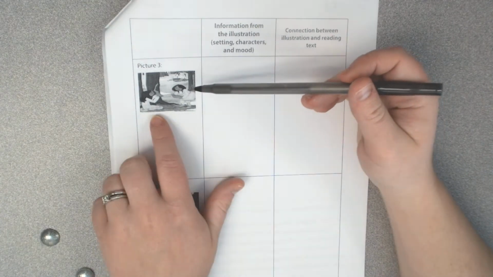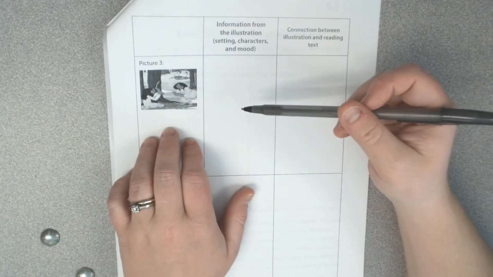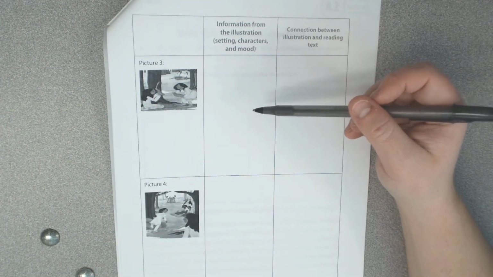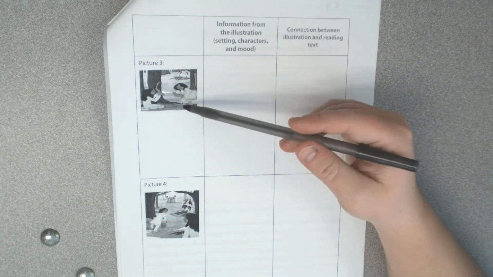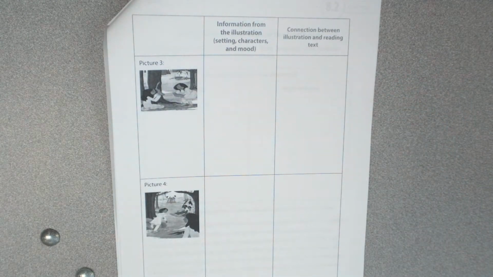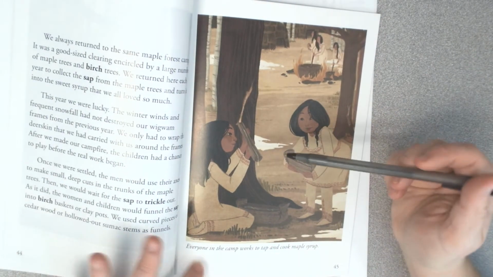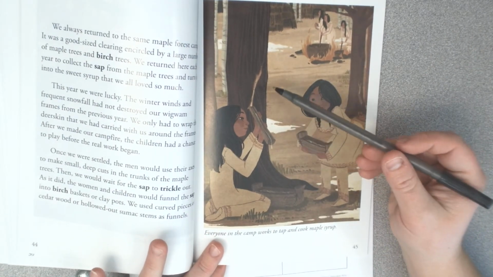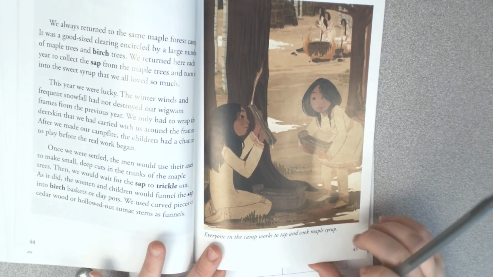they look like they're trying to collect something. Well, what do they think they're collecting? I mean, it looks like, I don't know if you can really see it here, but if you look at it in the book, I really can see. It looks like they're not only collecting something from the tree, but it looks like this sticky stuff. It's like sap almost, right? So they're collecting sap.